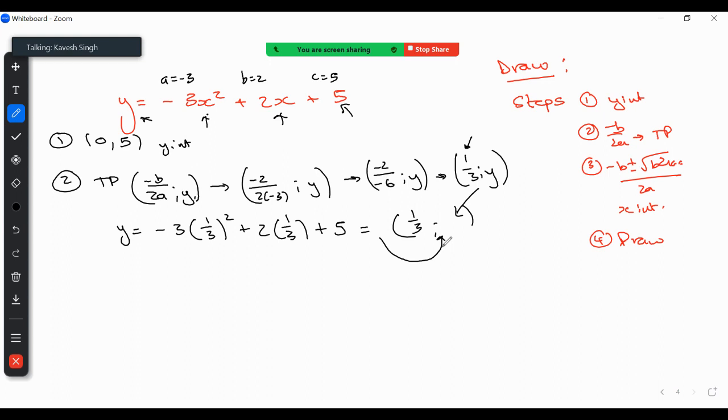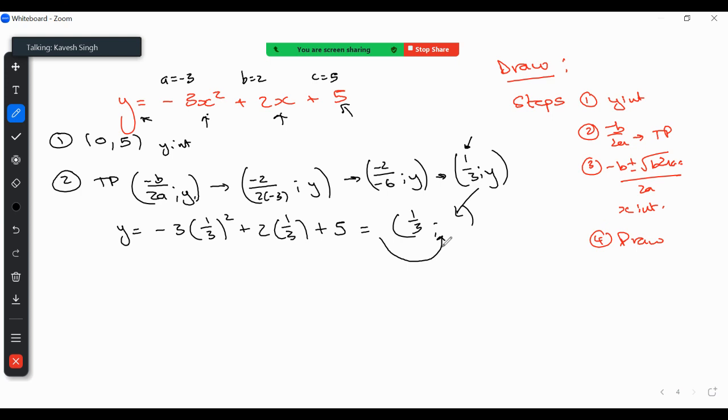All right, so calculator out. Negative 3 bracket, fraction button 1 over 3, close bracket squared, plus 2 times 1 over 3, plus 5.